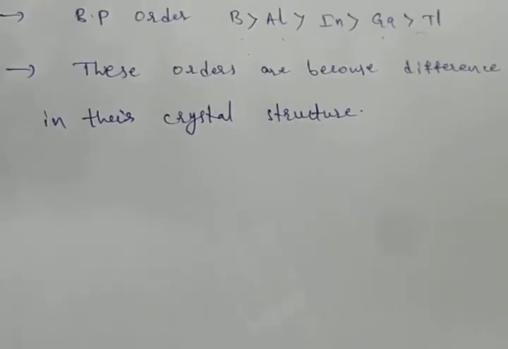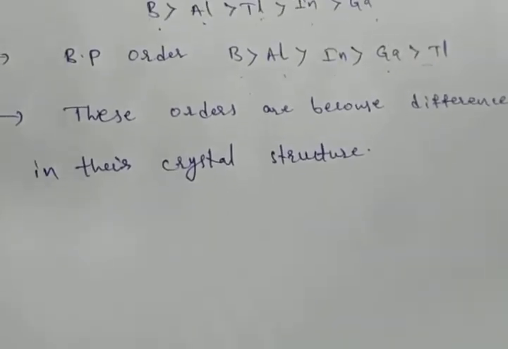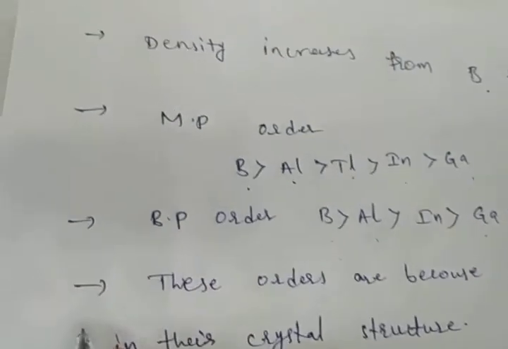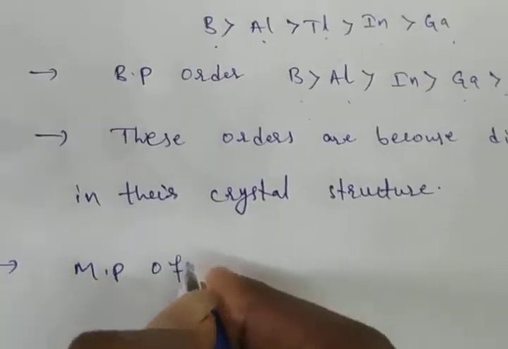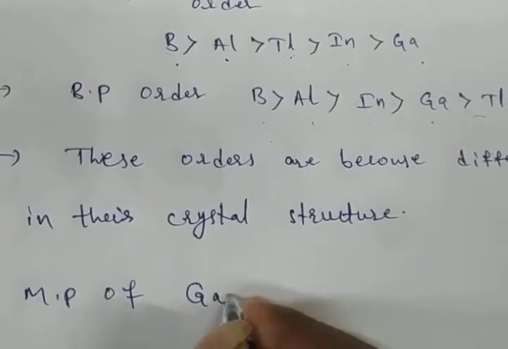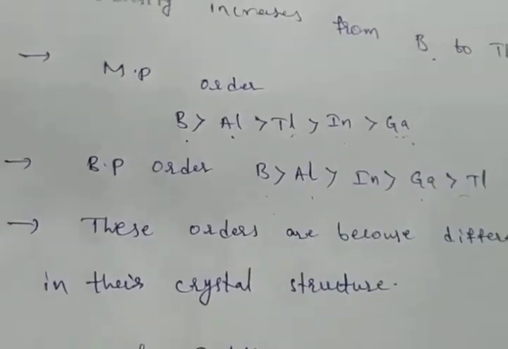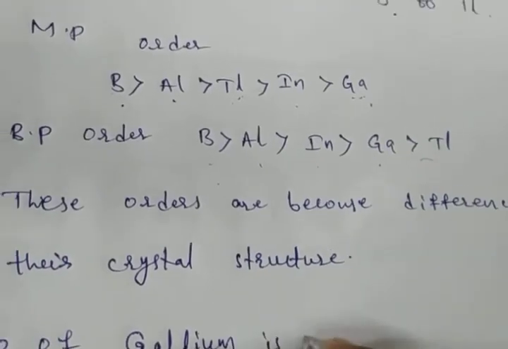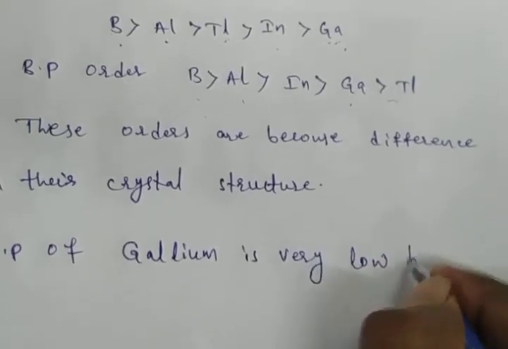The melting point of gallium is very low because it contains Ga2 molecules.